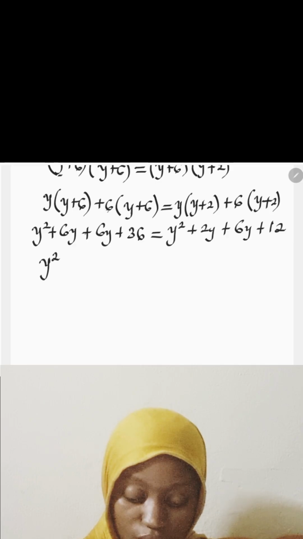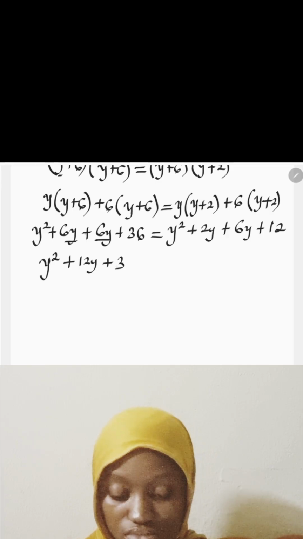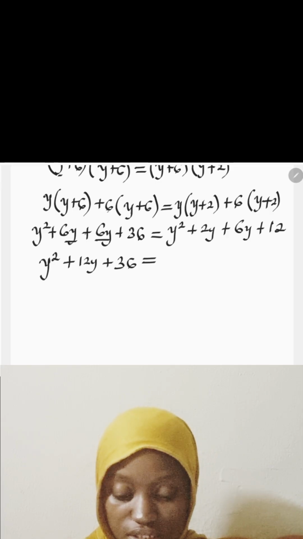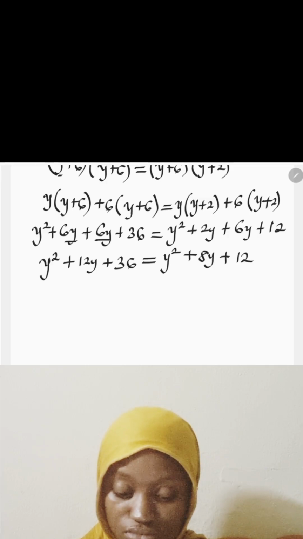Simplifying here, we have y squared, 6y plus 6y gives us plus 12y, plus 36, equal to y squared plus 2y plus 6y gives us plus 8y, then plus 12.